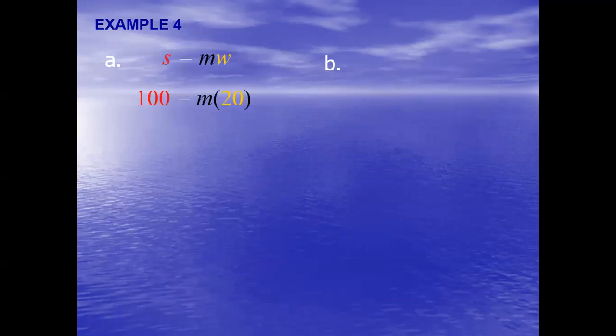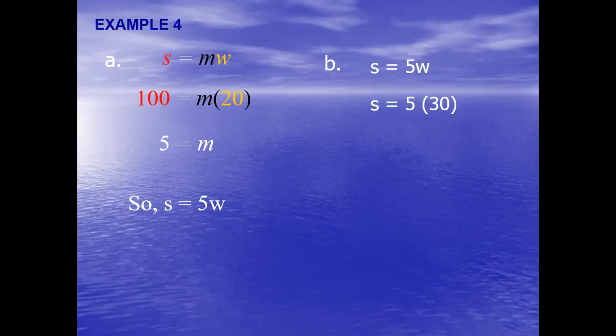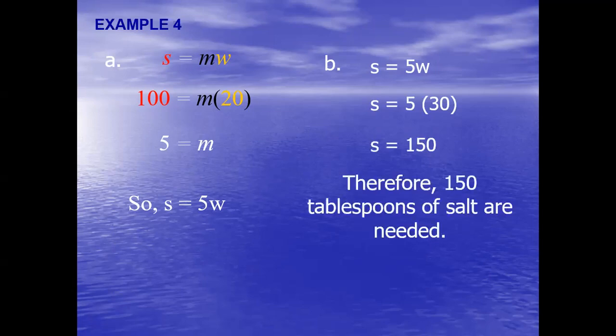So by dividing both sides by 20, we got the value of M, which is 5. So S equals 5W. If W is 30, what is the value of the spoon? It's 5 times 30, which is 150 tablespoons needed.